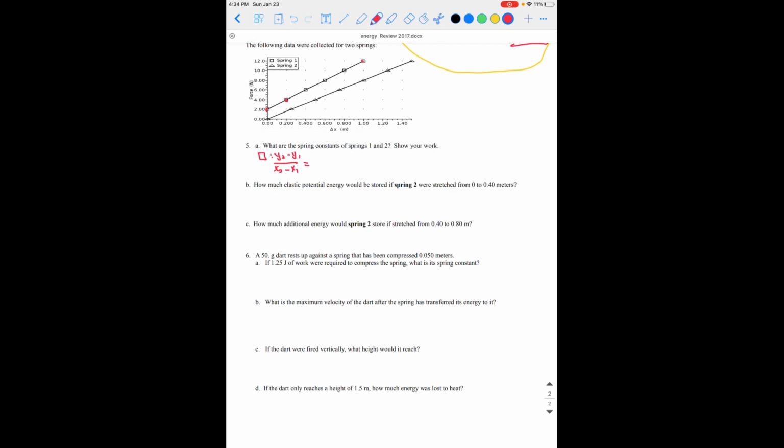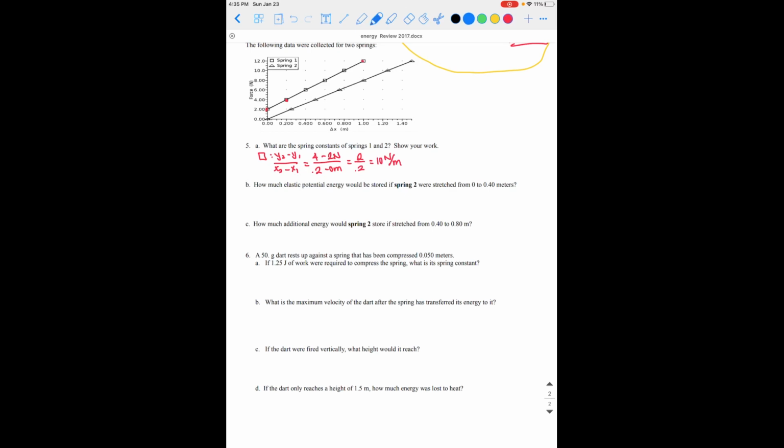That gives me, I'm assuming, about 4 minus 2 newtons all over 0.2 minus 0 meters. And you end up with 2 over 0.2, which is equal to 10 newtons per meter.